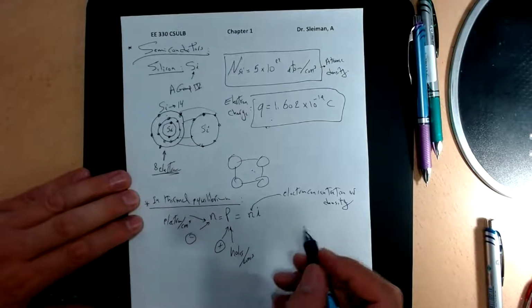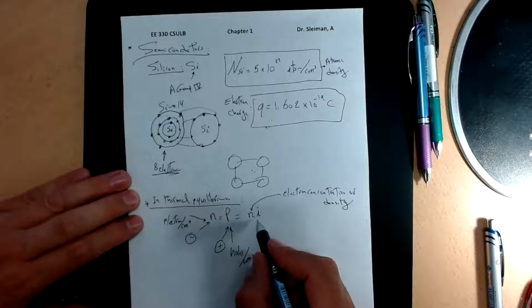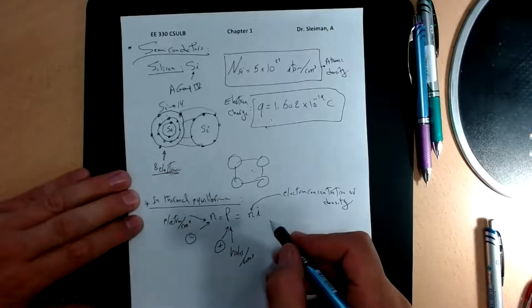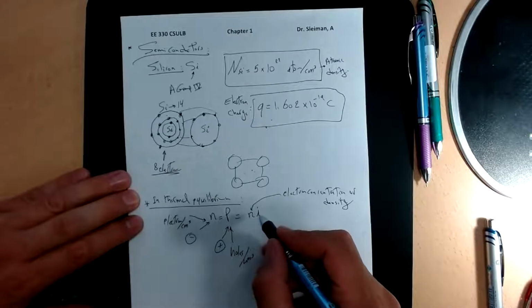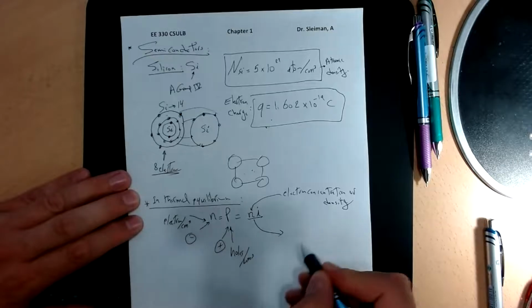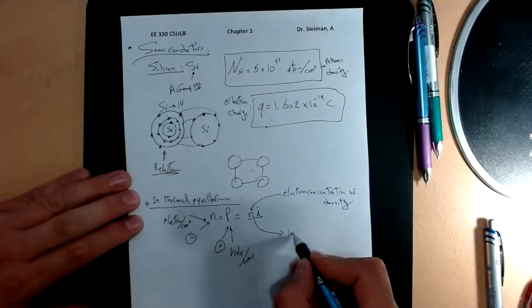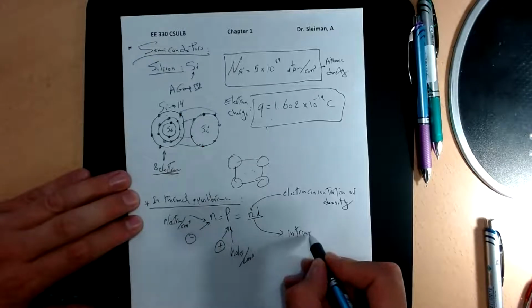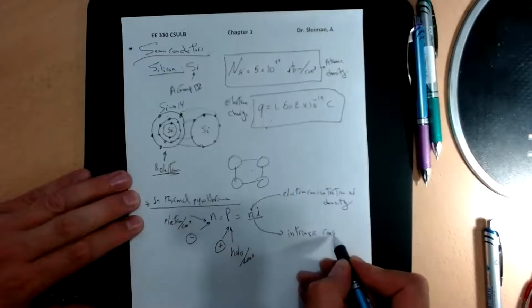So, this is most likely when there's an i next to it. So this is the intrinsic concentration.